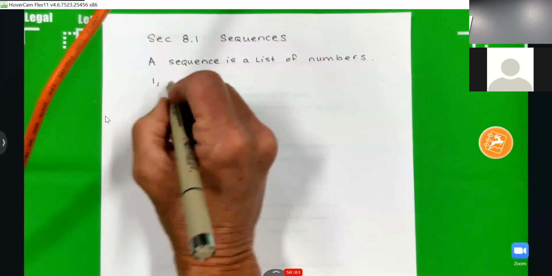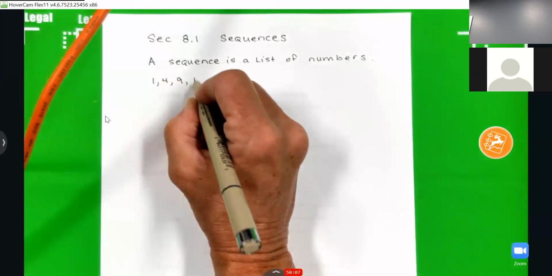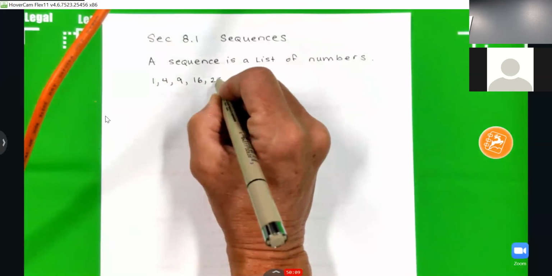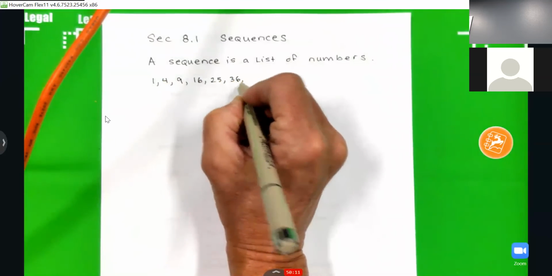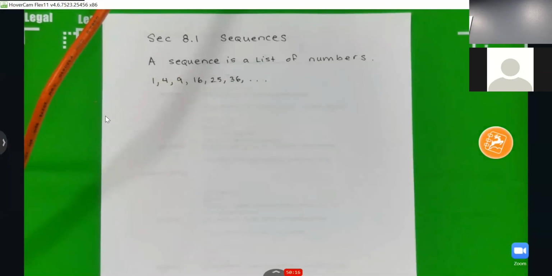So here's some examples. What did I do? 1, 4, 9, 16, 25, 36, and so on. That's an example of a sequence.